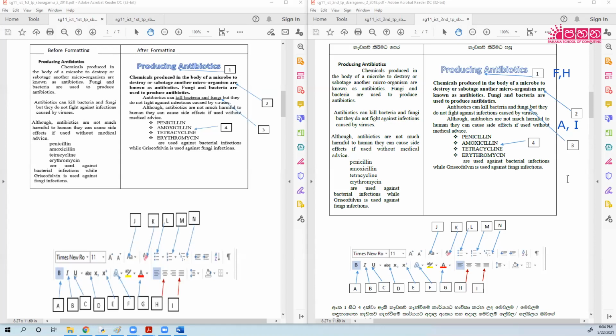The third one is easy. What do you have to do? U. Yes, we have to say underline. So that's only C. How about the fourth one?